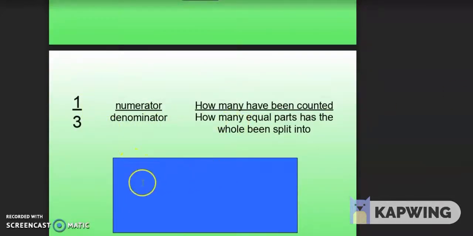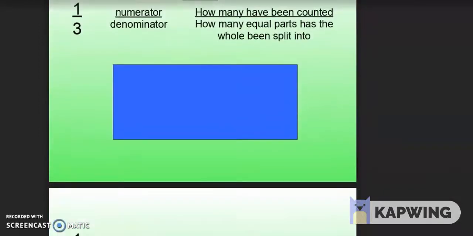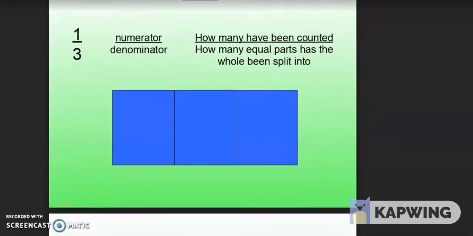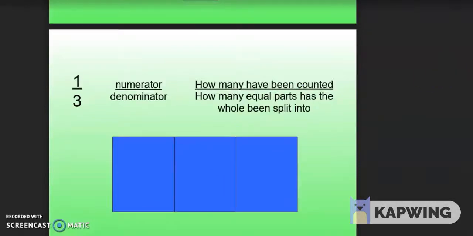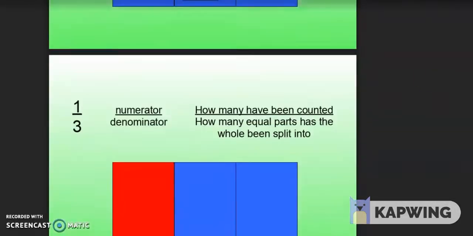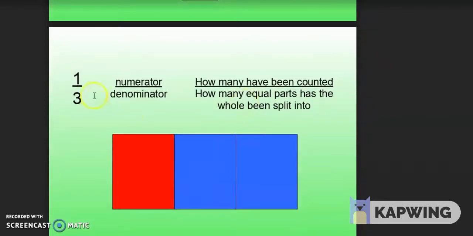So here would be the whole if this were 3/3, which would be a whole. And then if it is split into the 3, see, here's the 3, 1, 2, 3. So that would be your denominator. It's split into 3s because the whole is split into 3 sections. So here is how a visual would look for 1/3.